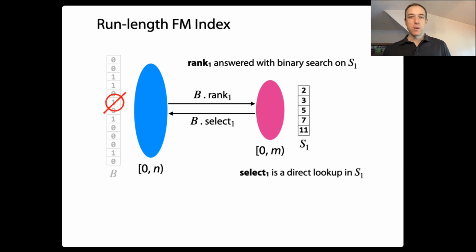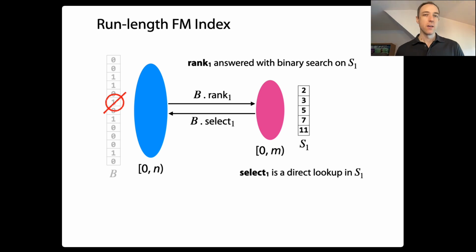We picked one very simple way to explain it first before we talked about the more complicated way to do it. The simple way involved building this array here that we called S1, which has the answers to all possible select queries.